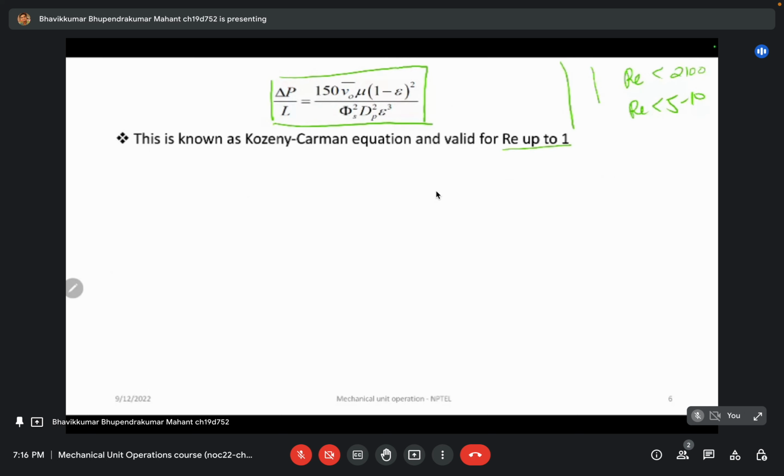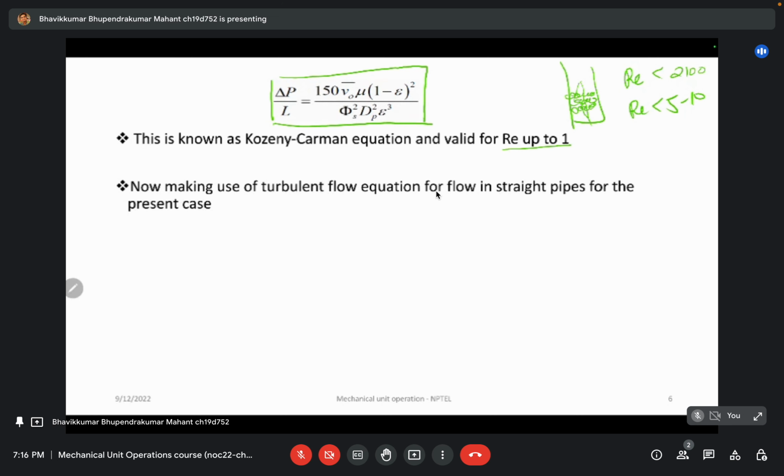Because the solid particles are densely packed, so this Reynolds number only provides laminar flow. After that, as the Reynolds number increases, it converts into transition and subsequently turbulent flow. You need to remember that this is not the same, although we are using the same kind of cylindrical arrangement, because this is a packed bed. So the Kozeny-Carman equation can be used for Reynolds number up to 1 or 5.